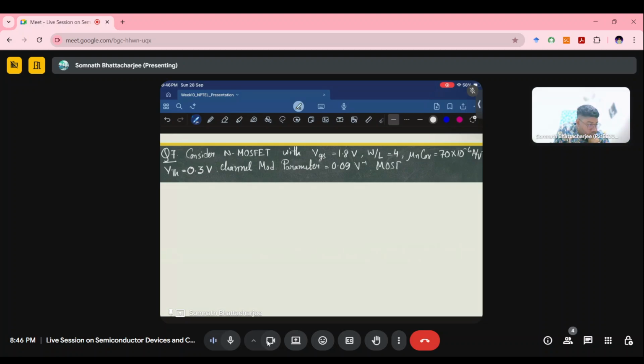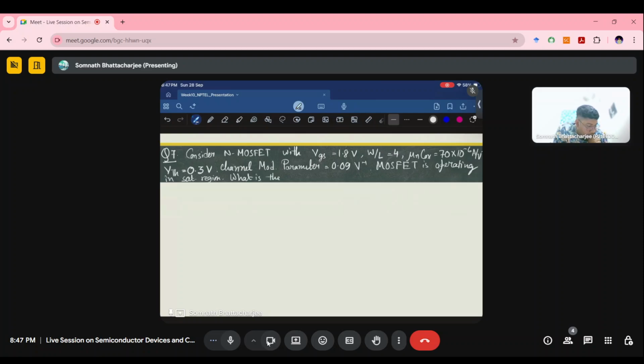Now we know that the MOSFET is operating in saturation. We have to find out the value of drain conductance.